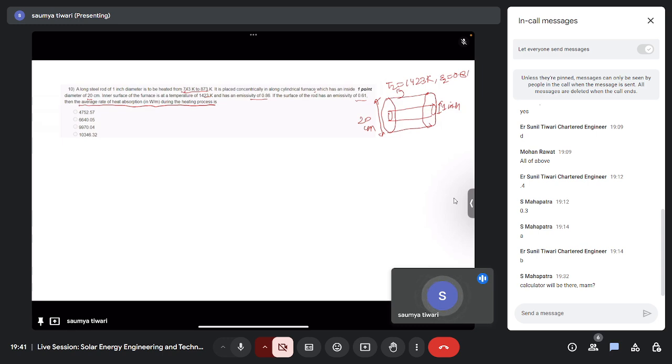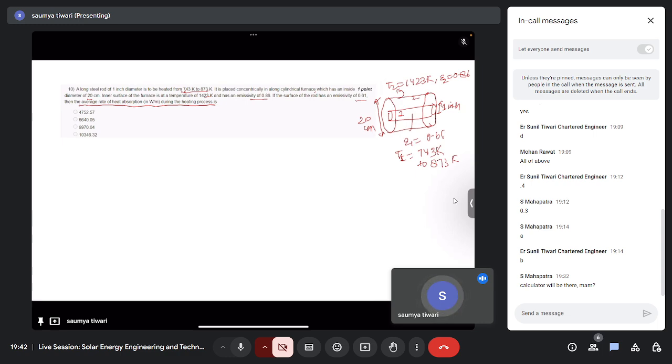Now the surface of the rod, say 1 is this and 2 is this. So epsilon 1 is given to be 0.61. The temperature of 1 has to be heated from 743 Kelvin to 873 Kelvin.